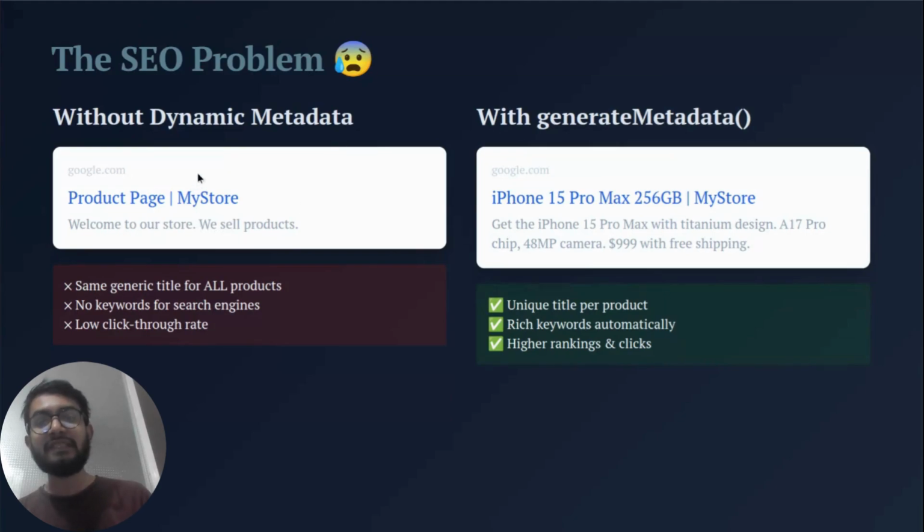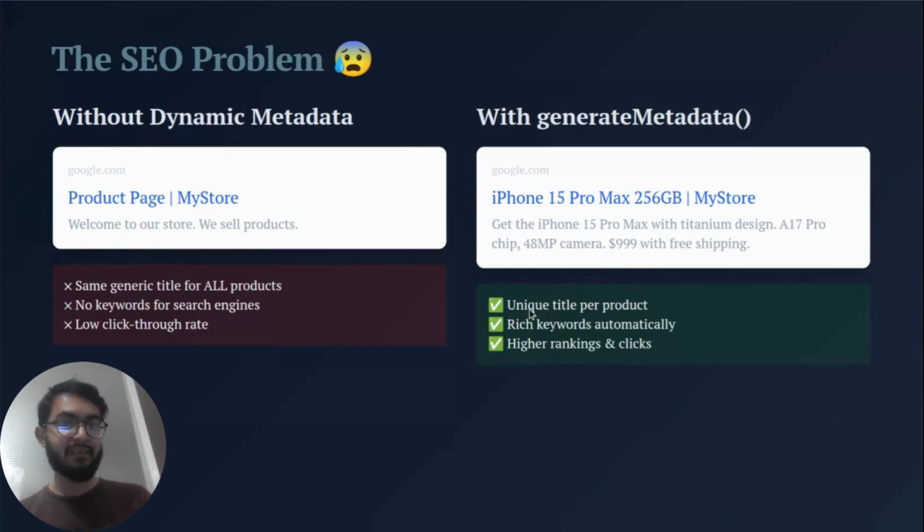So instead of this, you can present your page like this: iPhone 15 Pro Max, 256 GB, my store. And also if you provide some additional details for iPhone 15, like get the iPhone 15 Pro Max with titanium design, A17 Pro chip, 48 megapixel camera, and you mention the price as well.